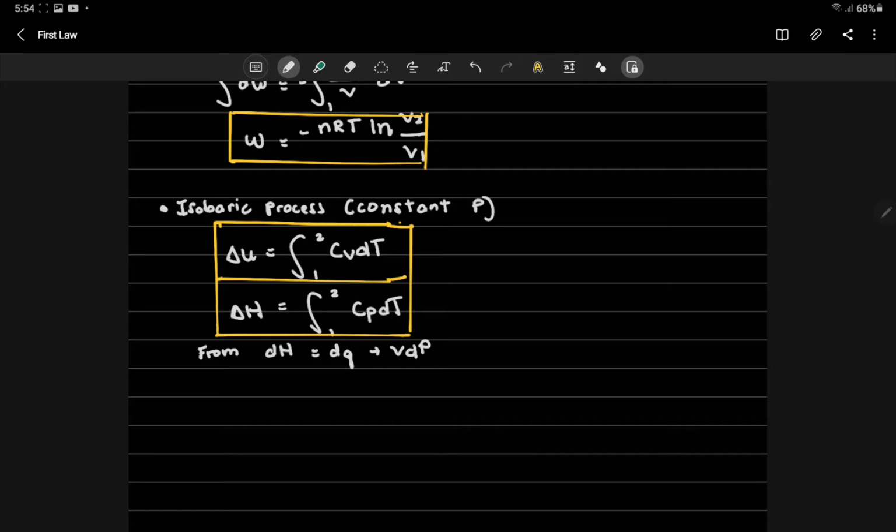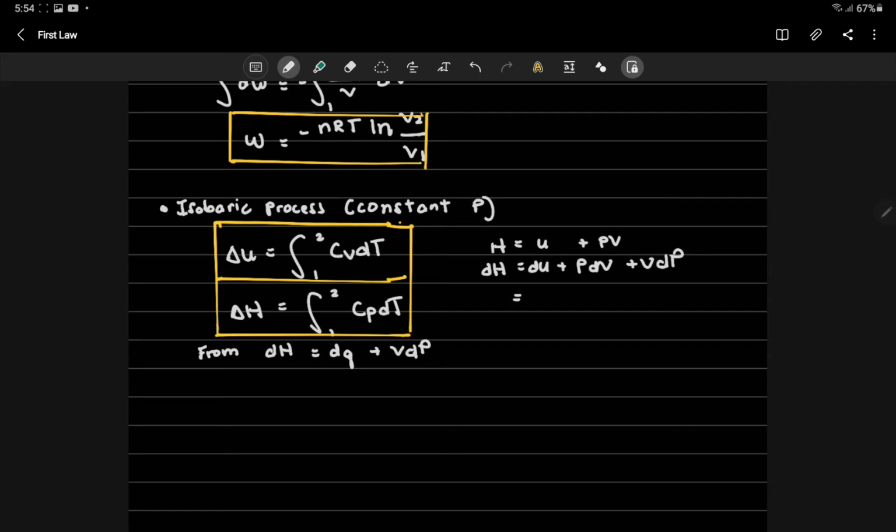Napag-usapan na natin yan, or na-derive na natin yan before. So, saan ba yan galing? Diba, galing yan sa H equals U plus PV. And therefore, dH is dU plus differentiate yung factor PdV plus VdP.